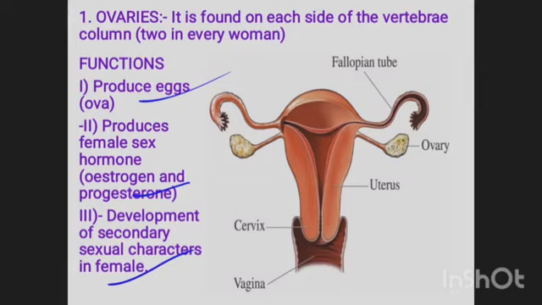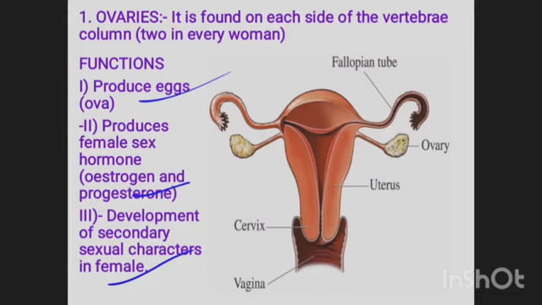So once the hormones are being produced, the female child begins to show all those developments in her body, like hip enlargement, signs of growth of breast, growth of hair in the pubic region, and releasing of eggs. Those are secondary sexual characters being caused as a result of the production of these hormones.